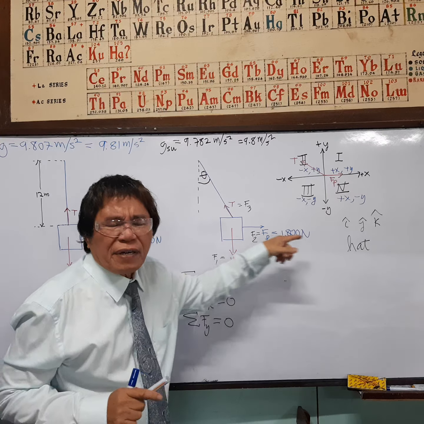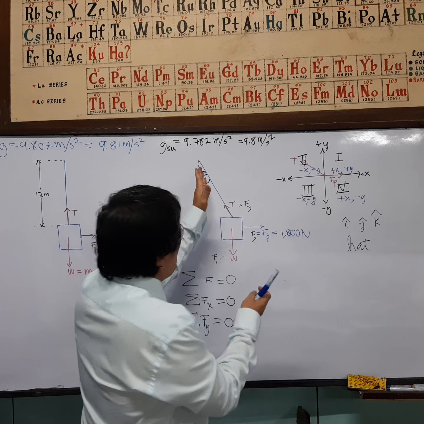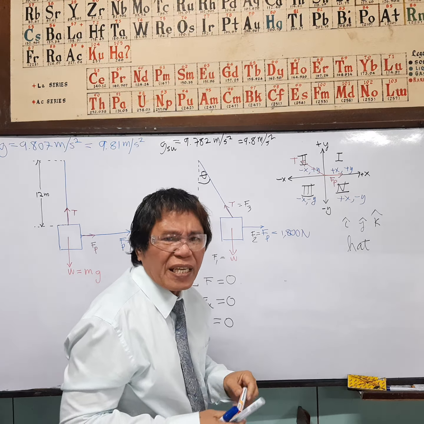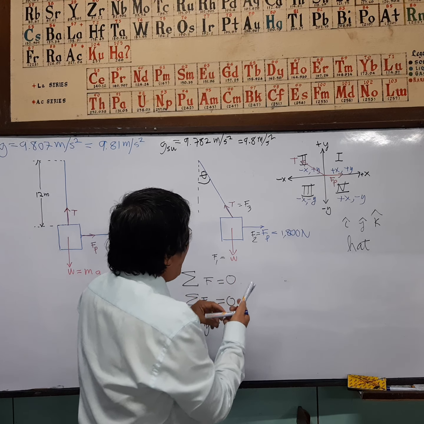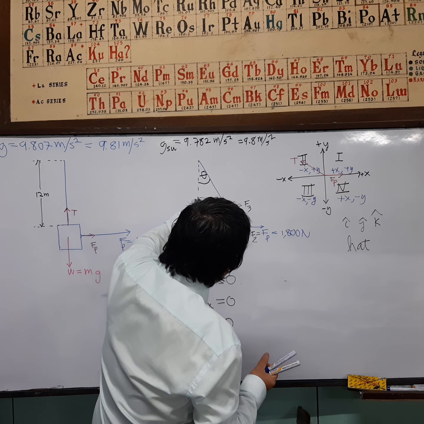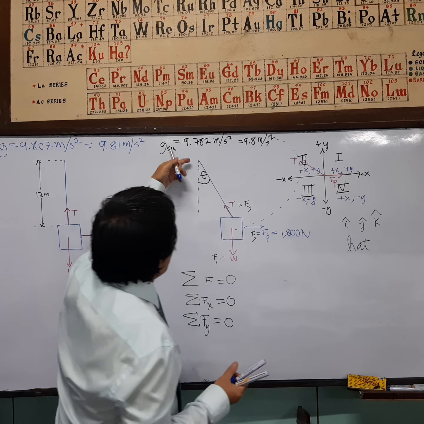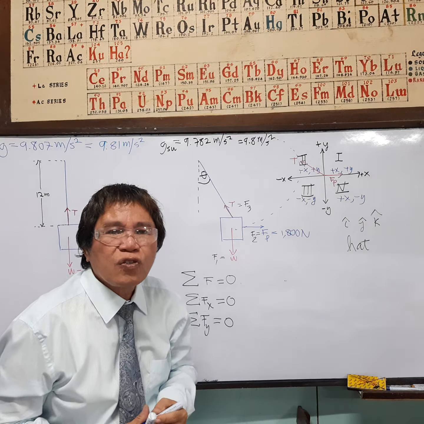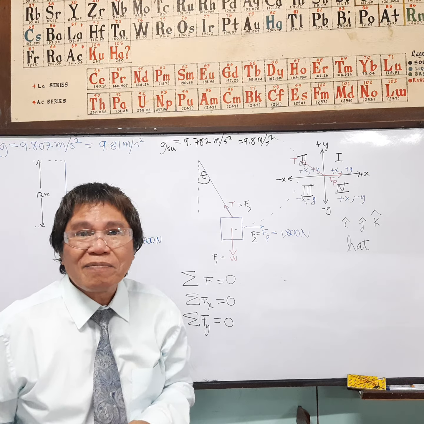Because if you increase the angle bigger than what is required, then the body will execute a rotation. And the cable wire will become the radius.